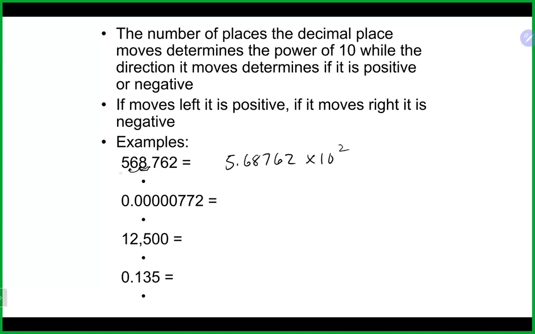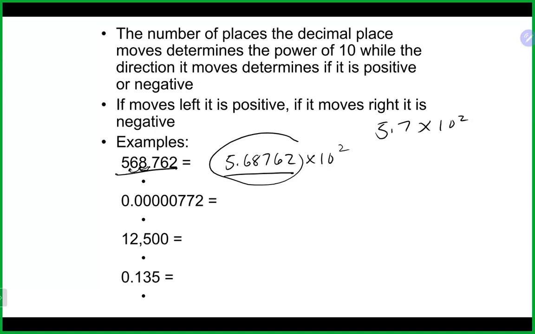Now, you may be wondering why I kept all those numbers, and the reason actually does have to do with significant figures. The original number, they are all significant there, so all 6 of those numbers are actually significant. And the way I wrote it there in scientific notation, I got 6 numbers before the times 10 part, which makes it significant as well. If I just wrote this, like 5.7 times 10 to the 2, how many significant figures do I have?